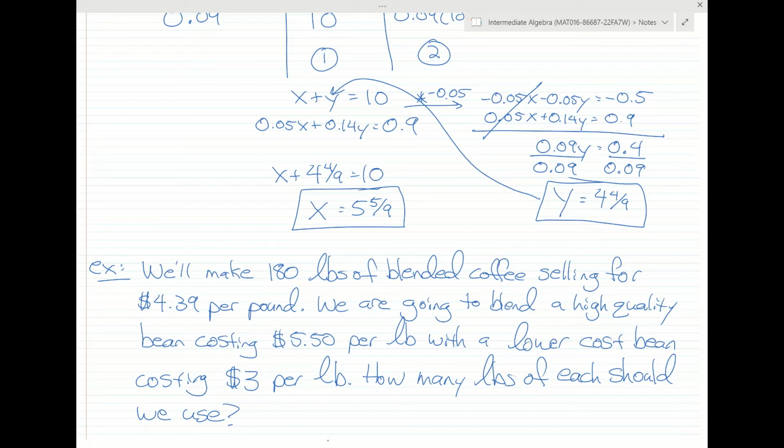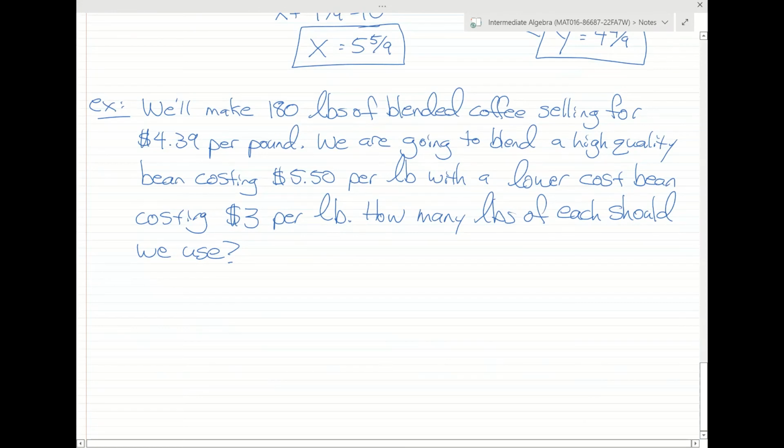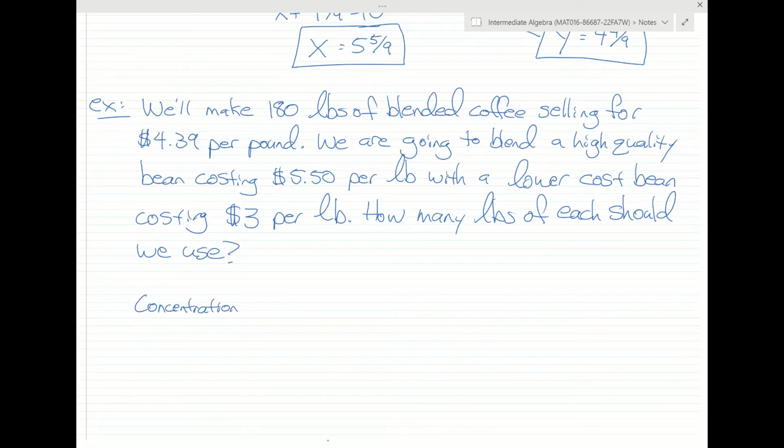We're going to set it up just like the last one. What we're going to do is we're going to talk about the concentration or the cost per pound. We're going to talk about how many pounds we need. And then we're going to talk about the pounds of each bean.